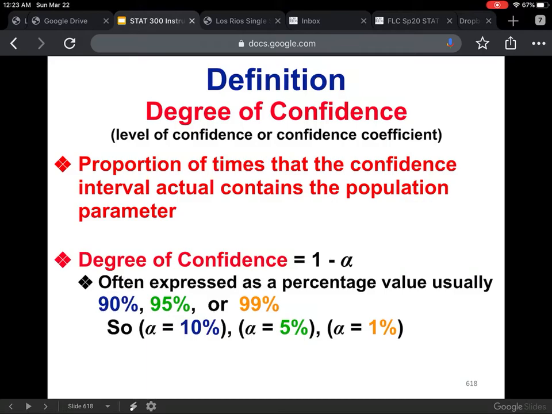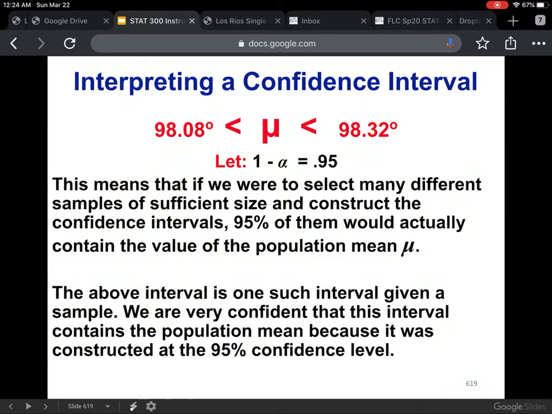So the degree of confidence would be 1 minus alpha, often expressed as a percentage value, usually 90, 95, 99% confidence level. So in those respective cases, alpha would be 10%, 5%, and 1%. And again, this goes exactly the same as with the population proportion that we were finding confidence intervals for, but now it's for the mean, the average.